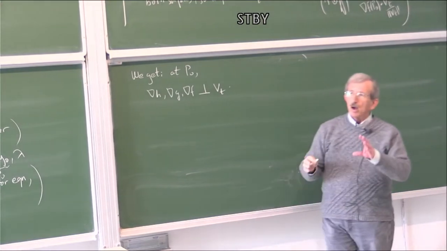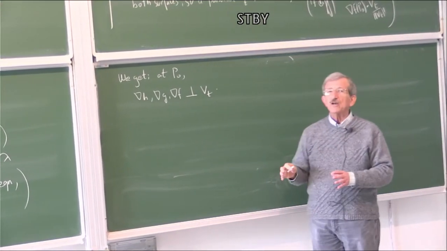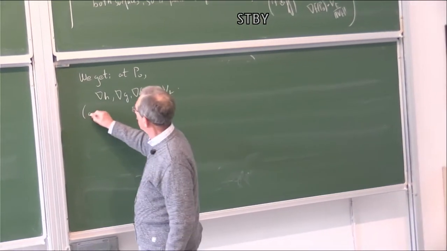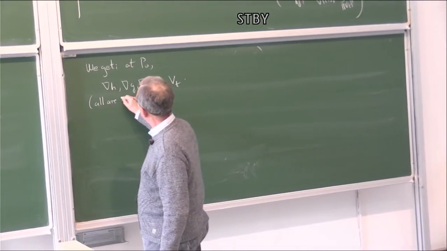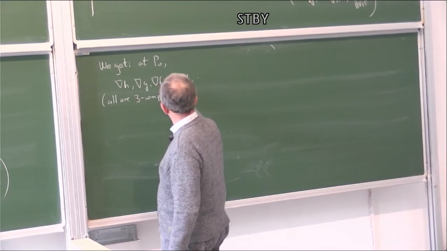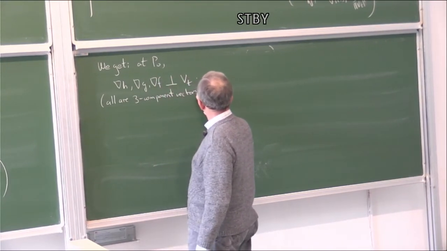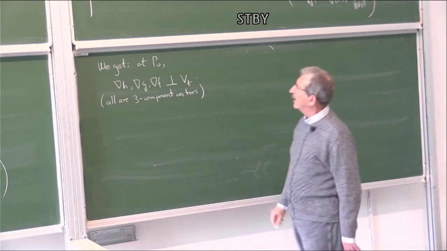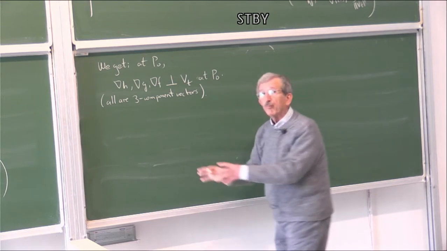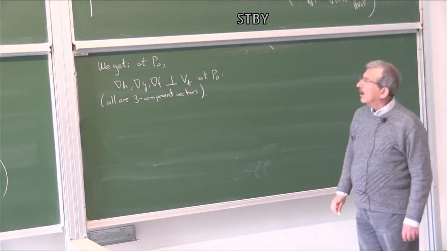Now, one difference, all of these are 3-component vectors. This happens, of course, at the critical point.